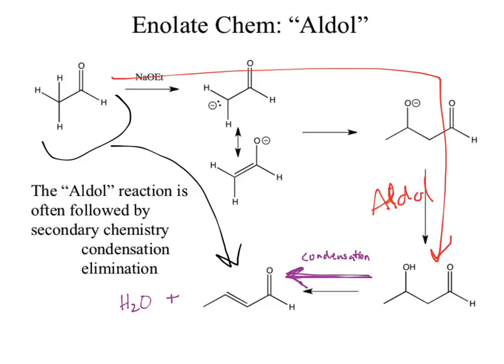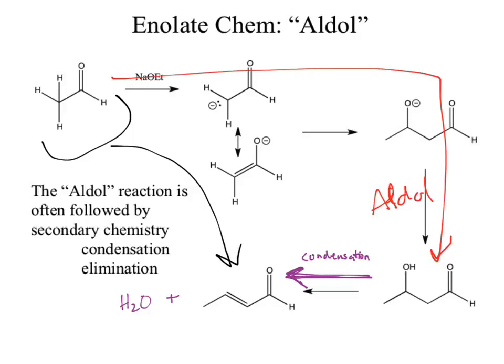Can we get just an aldol reaction? Yes, if there's no alpha hydrogens. Can I get just a condensation reaction? Well, yeah, but then that has nothing to do with everything else we've done. So typically when you hear the word aldol, it is almost always followed by the word condensation. So when you're doing these, you need to be making that double bond.